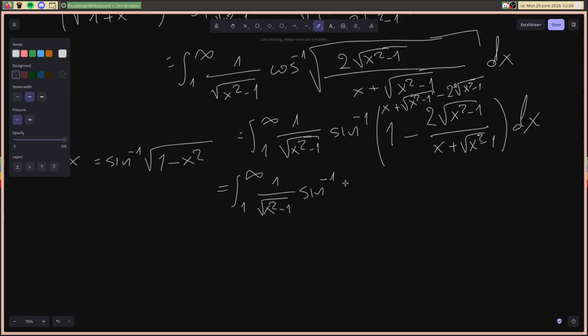So this is just x minus square root of x squared minus 1 over x plus square root of x squared minus 1 dx.